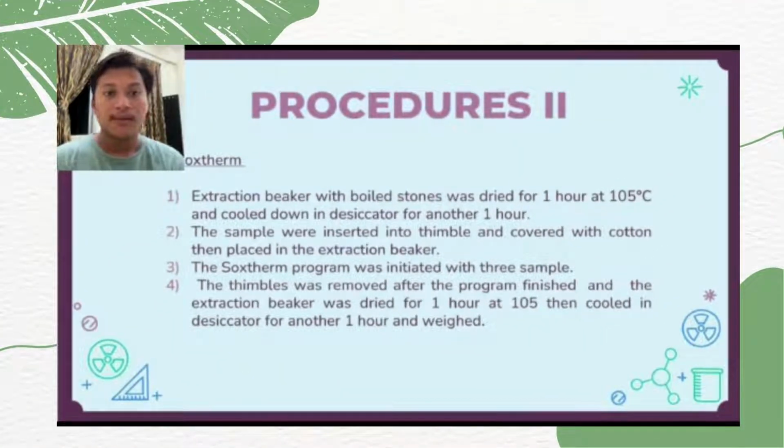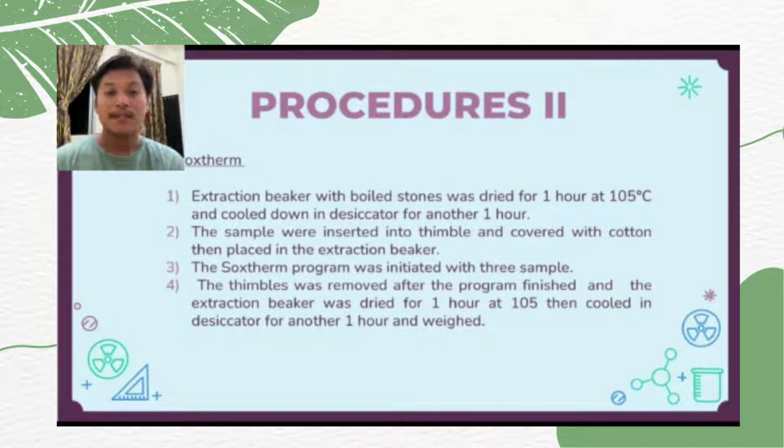The procedure for the Soxtec is as follows. Firstly, the extraction beaker with boiling stones was dried for 1 hour at 105 Celsius and cooled down in a desiccator for another 1 hour. Number 2, the samples were inserted into the thimble and covered with cotton, then placed in the extraction beaker.